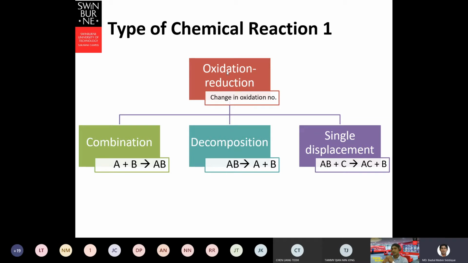For a single displacement reaction, AB is one single component, or one type of chemical, and C is a different type of chemical, and these two are doing the reaction. So C is replacing someone from this AB. In this case, it is shown that B has been replaced and C is coming into that place. So this is called the single displacement reaction.